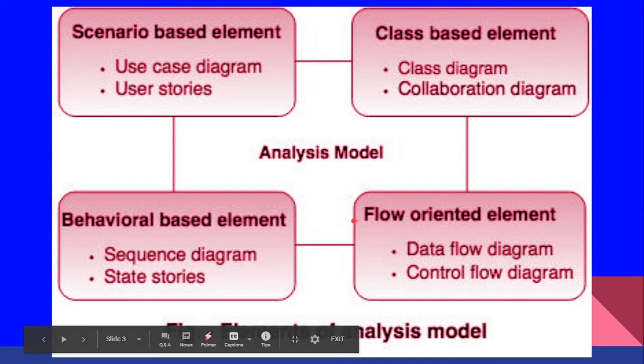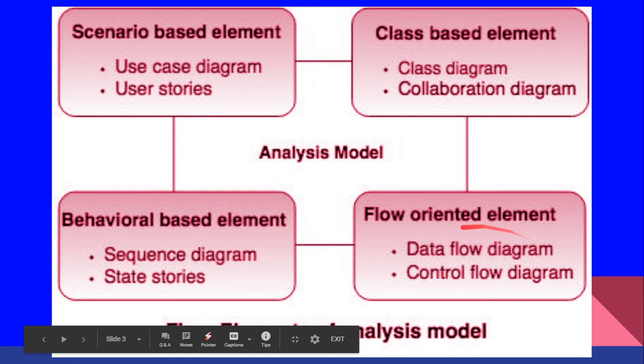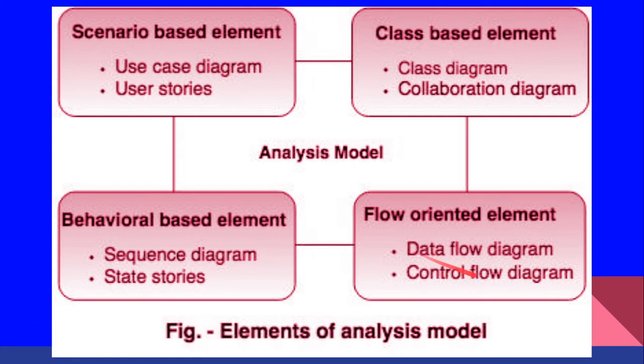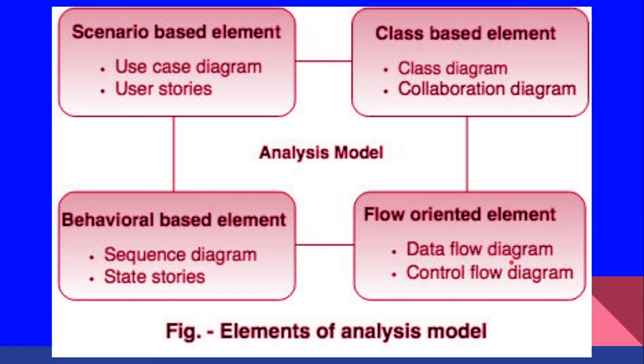And another element is the flow oriented model, where everything is drawn based upon the data flow diagram and the control flow diagram. We know that every process has data to be processed, and it converts the input into output data through some transition.